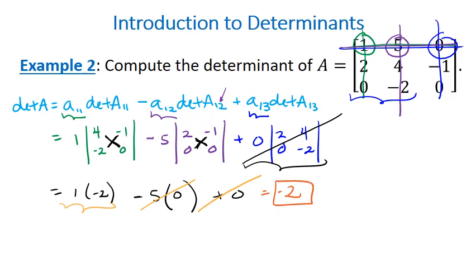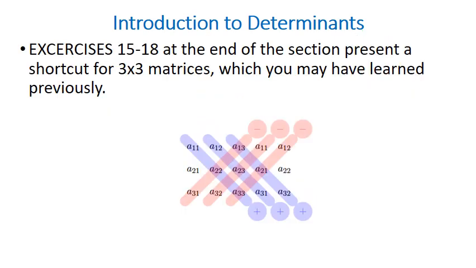Not so bad. You will find that we will discuss many different ways in which we can find determinants of 3x3 matrices. And in the homework, the last couple problems, I believe, there's a shortcut for finding 3x3 determinants.